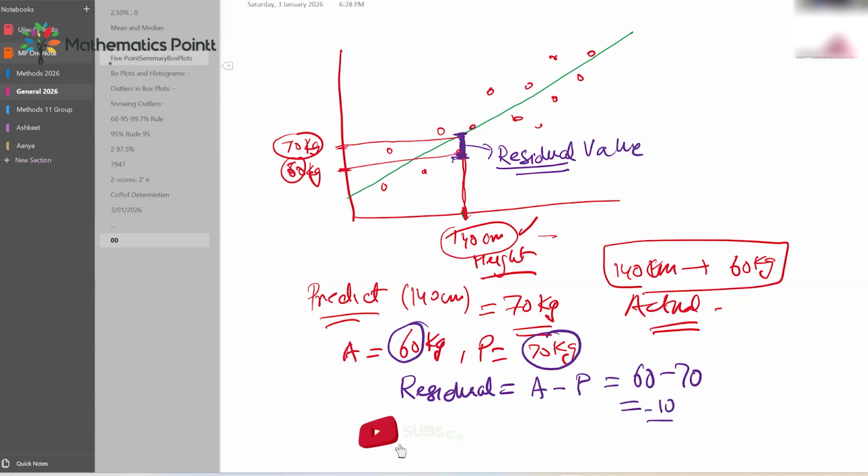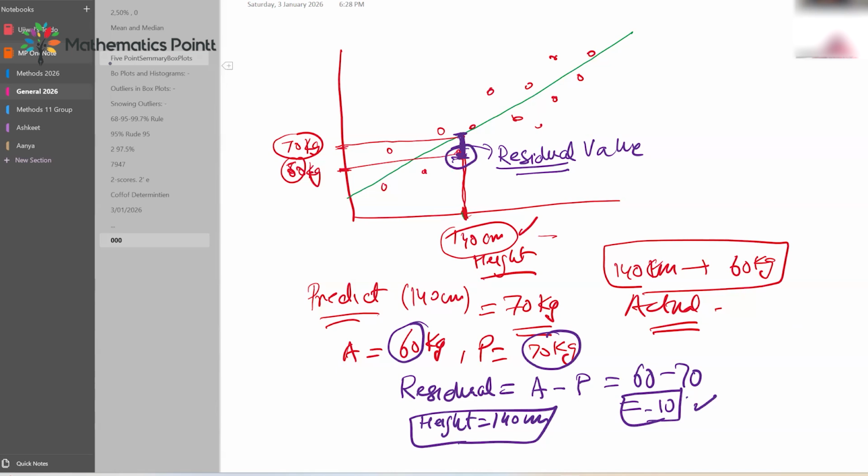So negative 10 is the residual value for the height equals to 140 centimeters. Is this clear? Any doubts so far? Anyone? Any doubts? No? All right. Now, last observation. When your actual value is sitting under the least square regression line, your residual values are always negative.